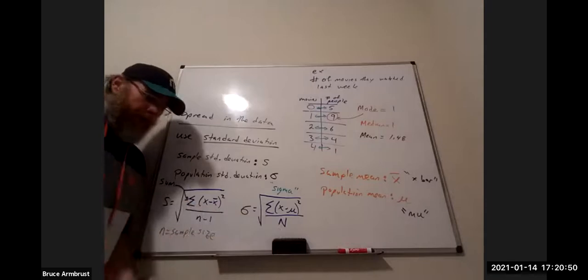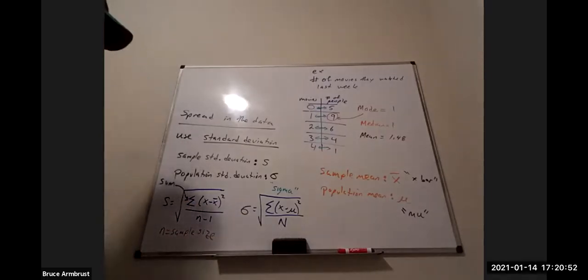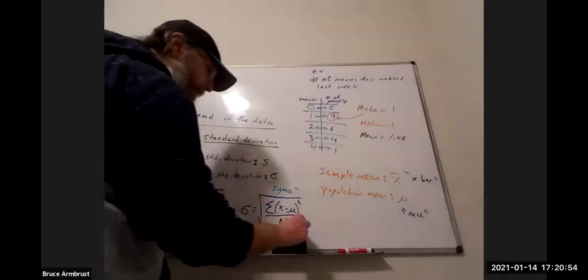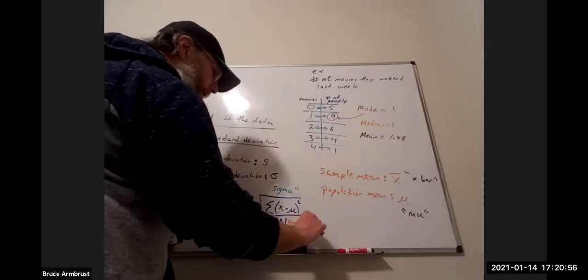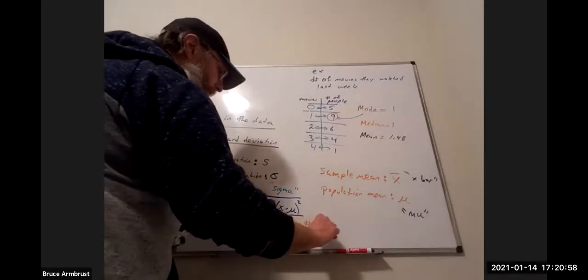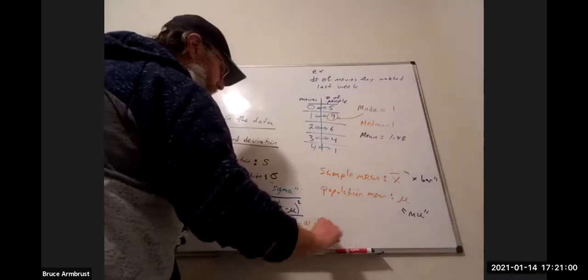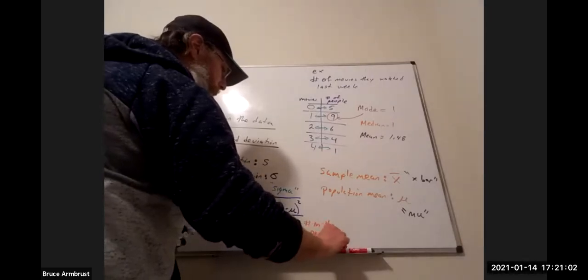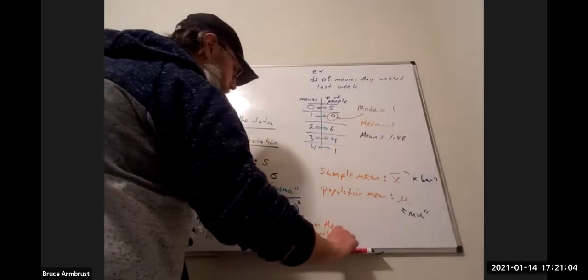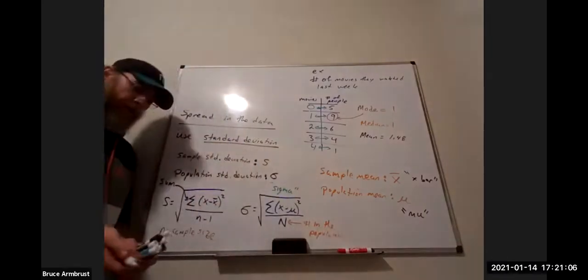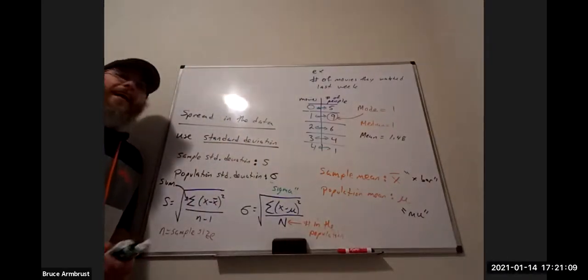And then we divide by this big N. And what big N is, this is the number in the population. So it's the entire population.